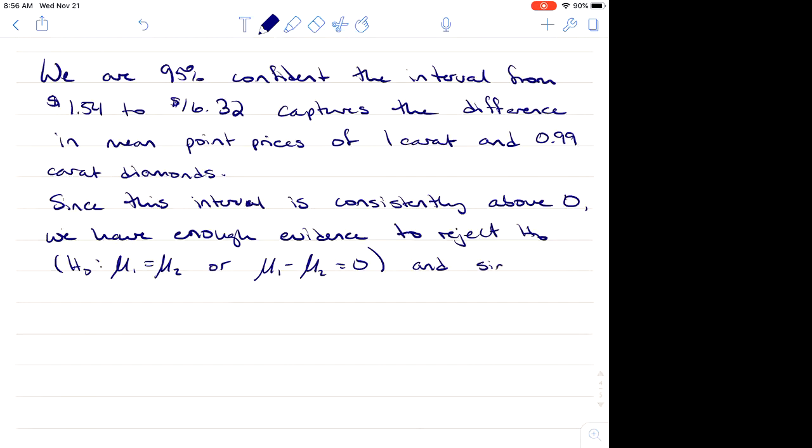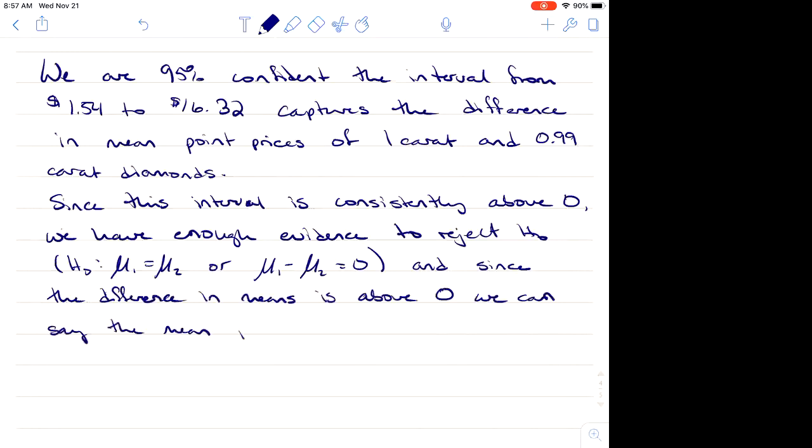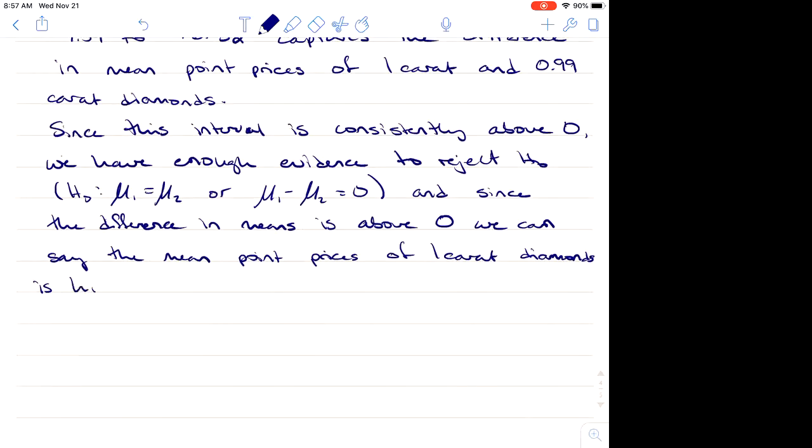And since the difference in means is above 0, we can say the mean point prices of 1 carat diamonds is higher than 0.99 carat diamonds.